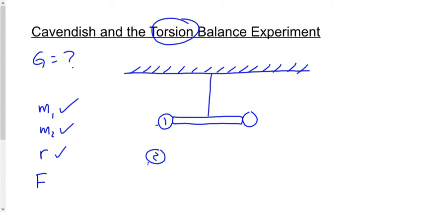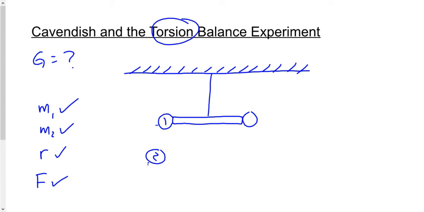Cavendish would have known the value of the force required to twist this string, right? When I bring mass 2 nearby mass number 1, mass 1 is attracted towards number 2, and therefore the string that the rod is attached to will twist. If Cavendish knows how much force is required to twist it a certain amount, then he can measure the force when I bring mass 2 nearby mass 1.